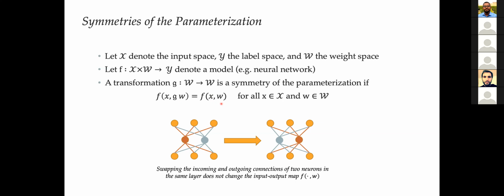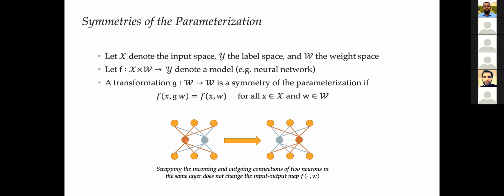So one example of how this happens is if we have a neural network. Here's a very small, simple network, and we could swap the nodes and their associated incoming and outgoing connections.